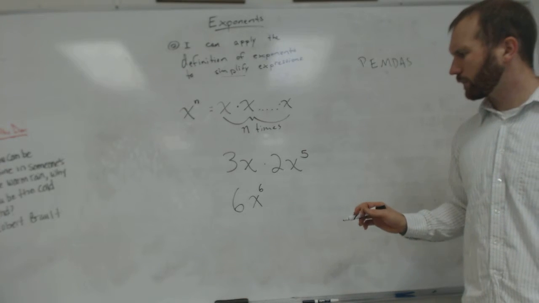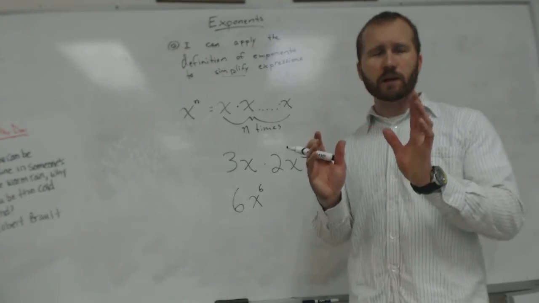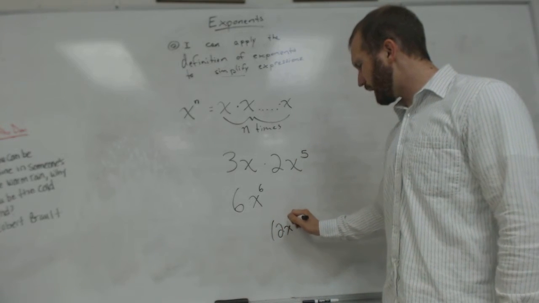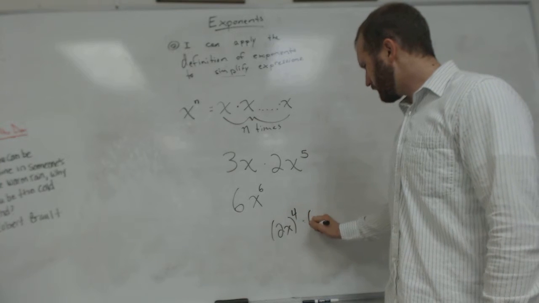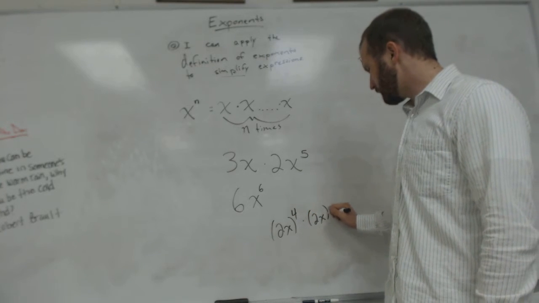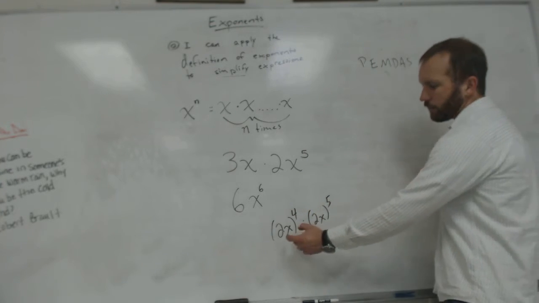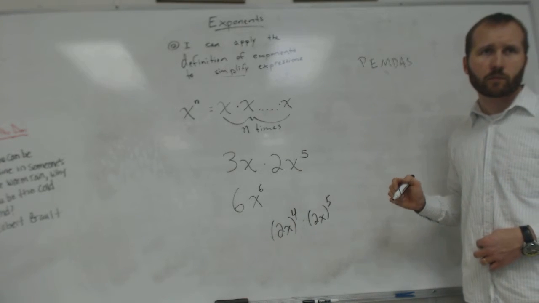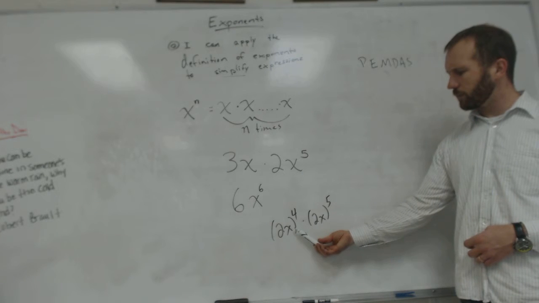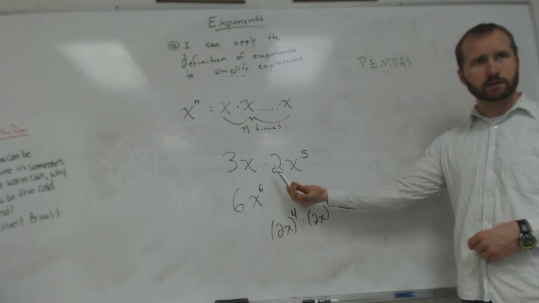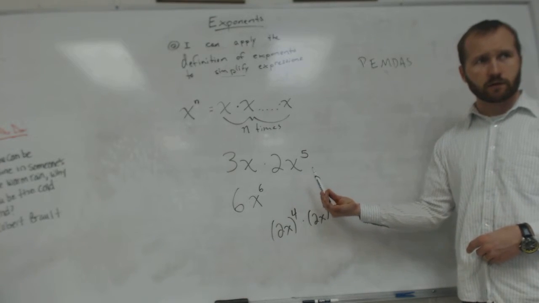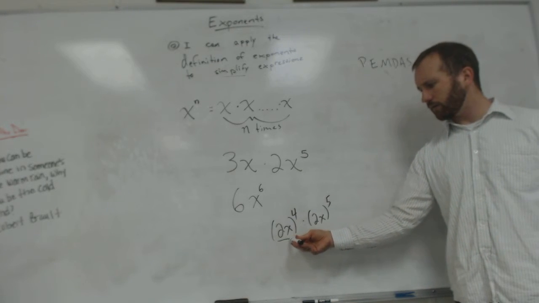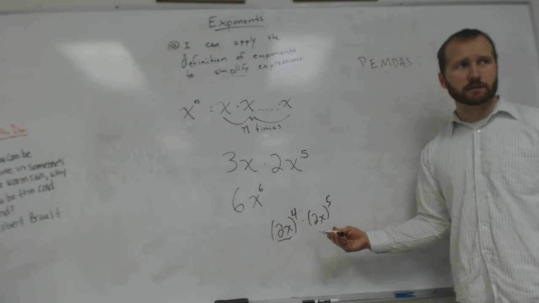Now, anytime you have something in parentheses, that then becomes your base, right? So if I have 2x to the 4th times 2x to the 5th, now the whole 2x is my base. Do you guys see the difference from this to this? Here the parentheses are designating all of this is my base.